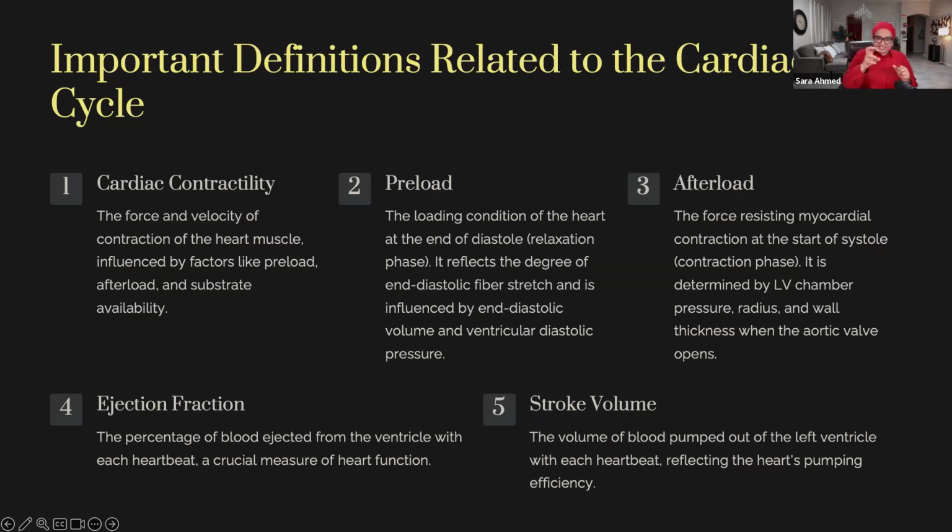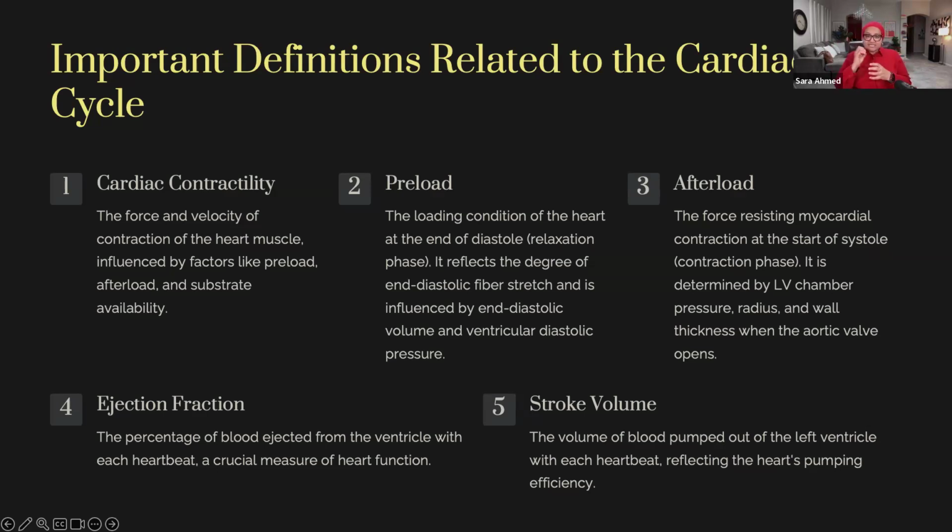And by the way, this afterload, or the force of contraction here, can impact the systemic systolic blood pressure, because this is at the time of contraction. If it's very strong with very high resistance, it will go up.